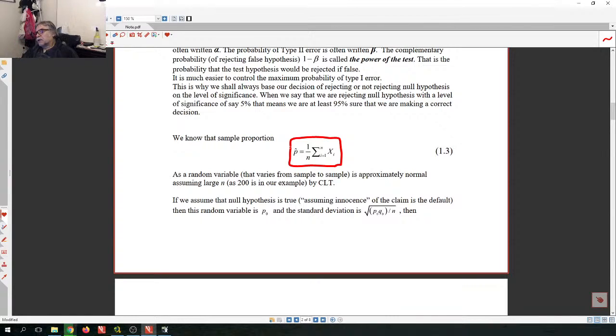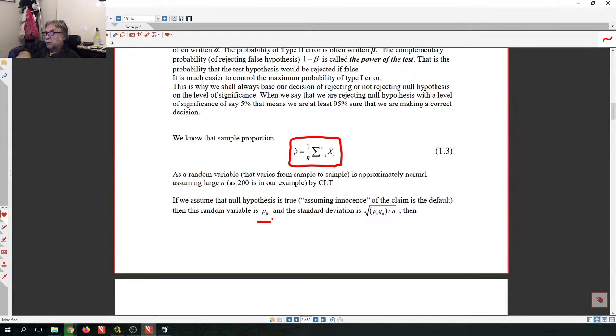The central limit theorem tells us, because this is a mean, that this is a normal random variable in case you have a sample mean. It's a normal random variable in case you have a large sample. And we do. 200 is a large sample. Okay. What else does the central limit theorem say? It says that the sample proportion will have its mean equal to the population proportion.